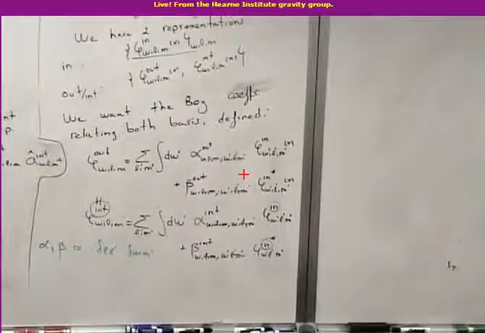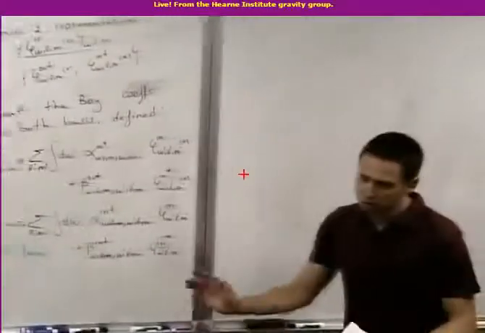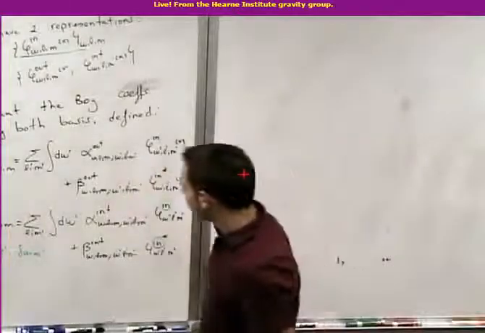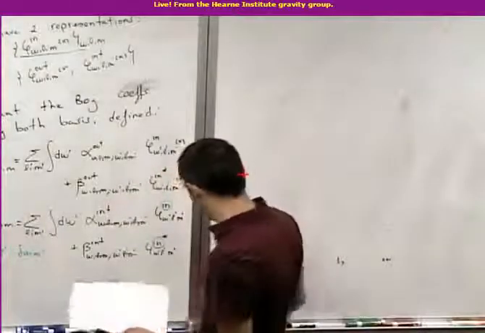So all we have to do is compute alpha and beta. If we have them, Hawking radiation will be automatic. Now, alpha and beta are going to be inner products.